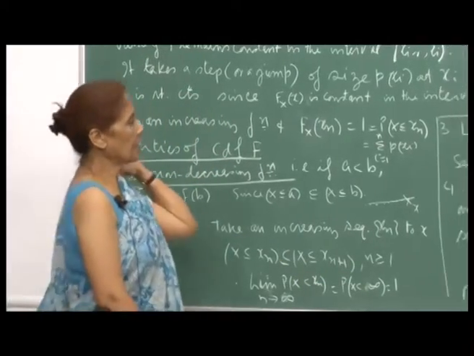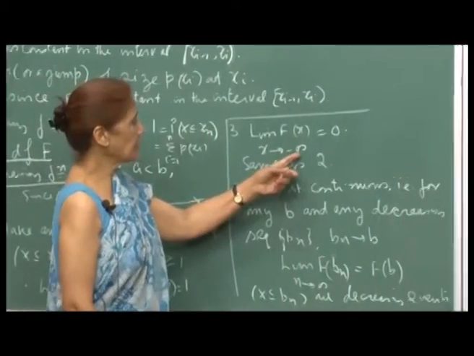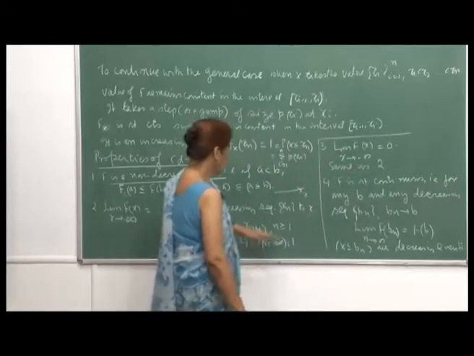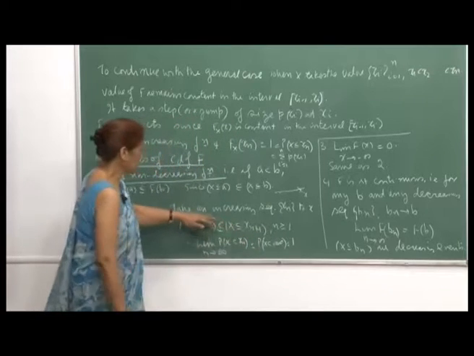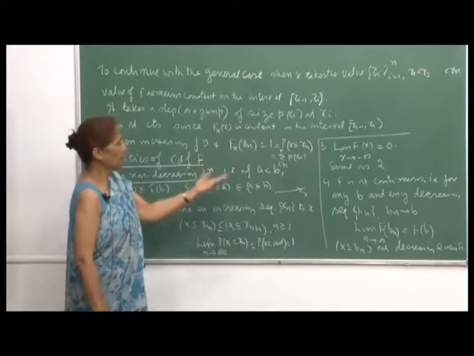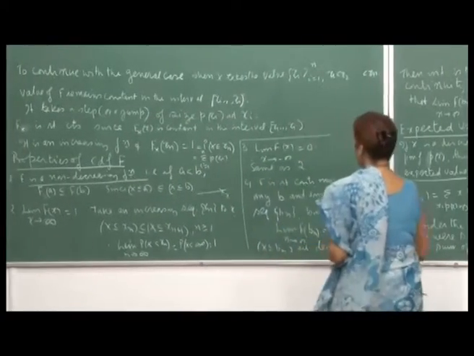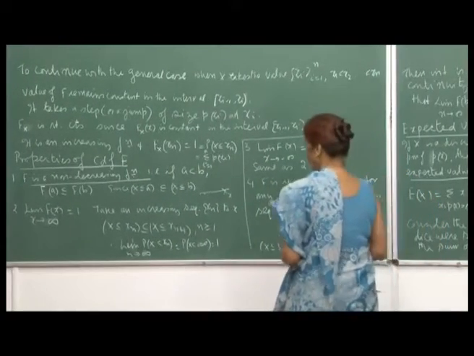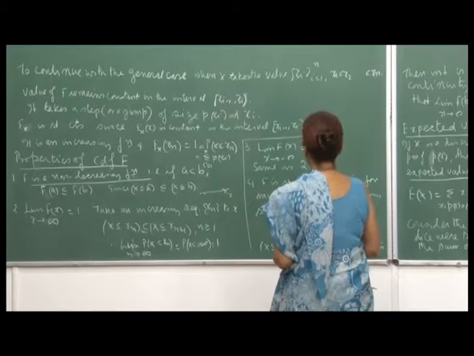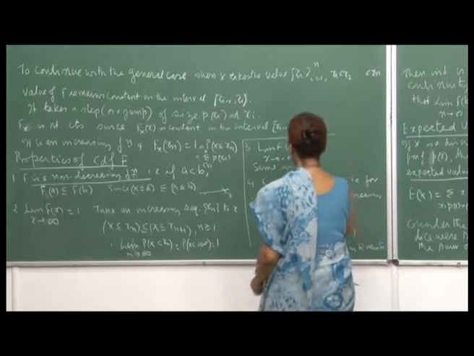Then we say that the limit of F(x) as x goes to minus infinity is 0. The argument here is the same, except that here we took an increasing sequence x_n, and there we will take a decreasing sequence, as x goes to minus infinity. So the limit of F(x) is 0.